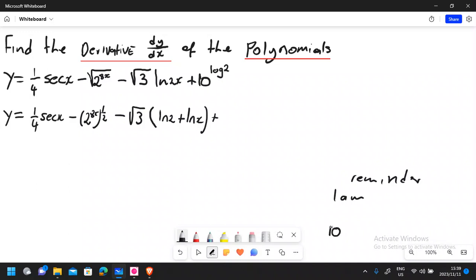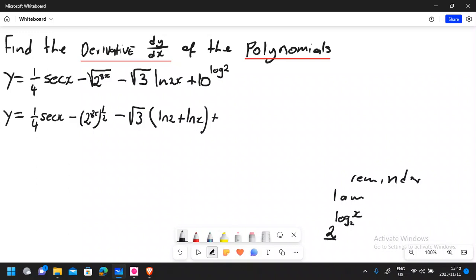If we have 10 and then an exponent of log, let me just use a different base. Let's say we have 2, and then we have log base 2 of x.